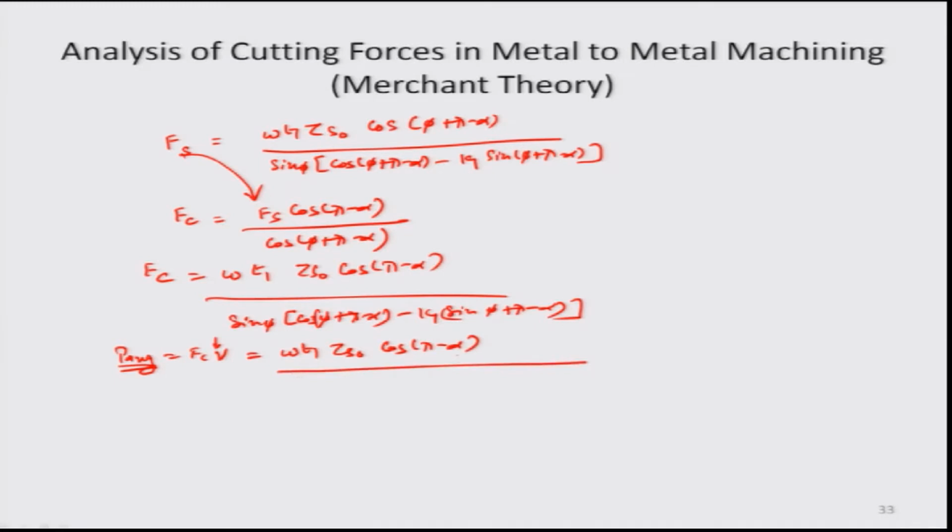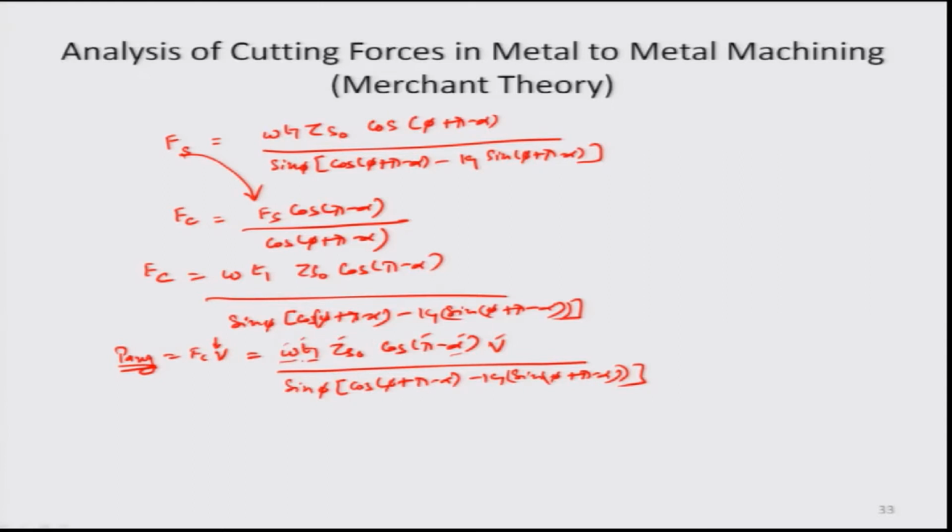Wt1 tau s0 cos of (lambda minus alpha) times of [sine phi cos of (phi plus lambda minus alpha) minus k1 sine of (phi plus lambda minus alpha)] times of V, and as we assumed earlier, we would assume all constancy or time invariance in case of the friction angle in a certain machining operation, the invariance of the velocity of cutting, the rake angle alpha, and constant material properties and geometrical dimensions including the width of the zone of machining as well as the uncut chip thickness.